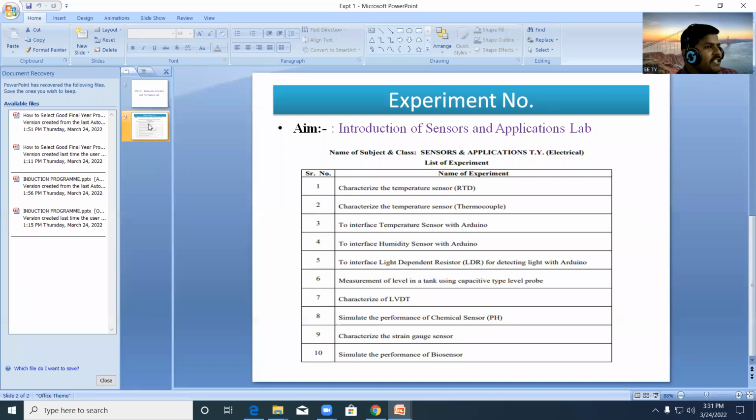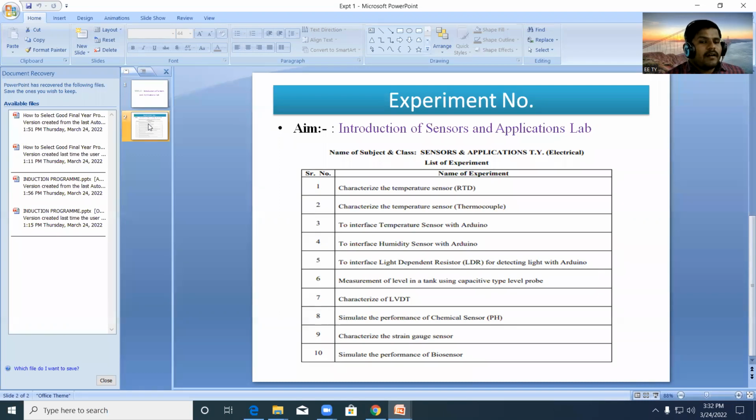So to enable that resistance, we require some current source or voltage source; current must flow through it, then only will it dissipate heat. That current source is an external excitation given to the sensor, so this is an active type of sensor. Similarly, the thermocouple is a passive type of sensor.